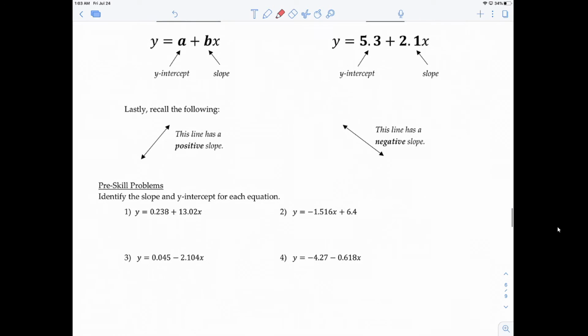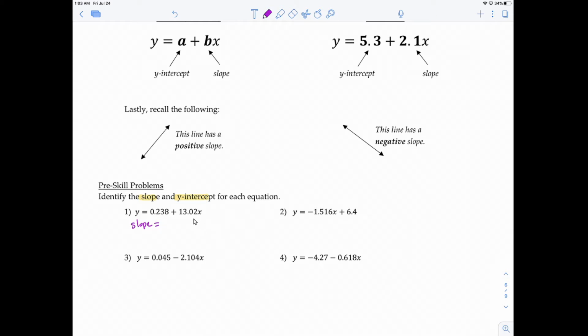So for the pre-skill problem, all you're doing here is just identifying the slope and the y-intercept for each equation. Let me go ahead and do the first two, and I'll let you guys do 3 and 4. For problem number 1, the slope is always the number in front of the x.